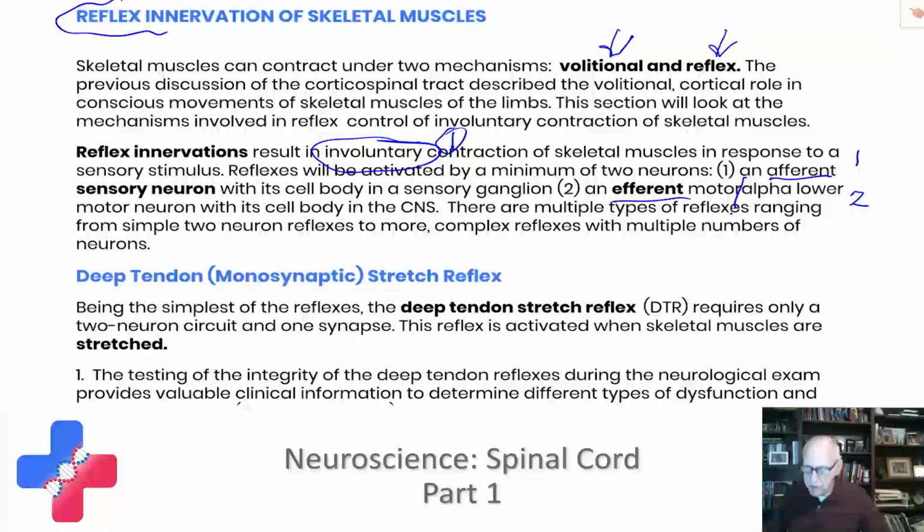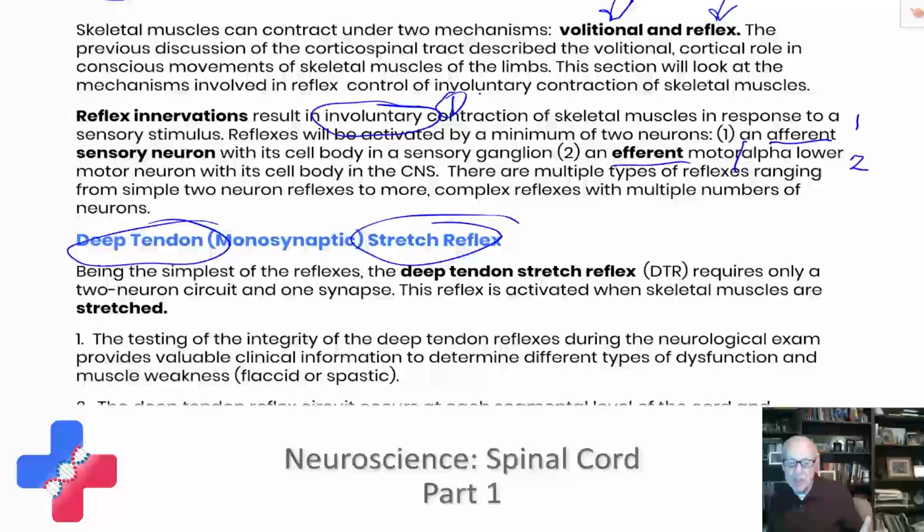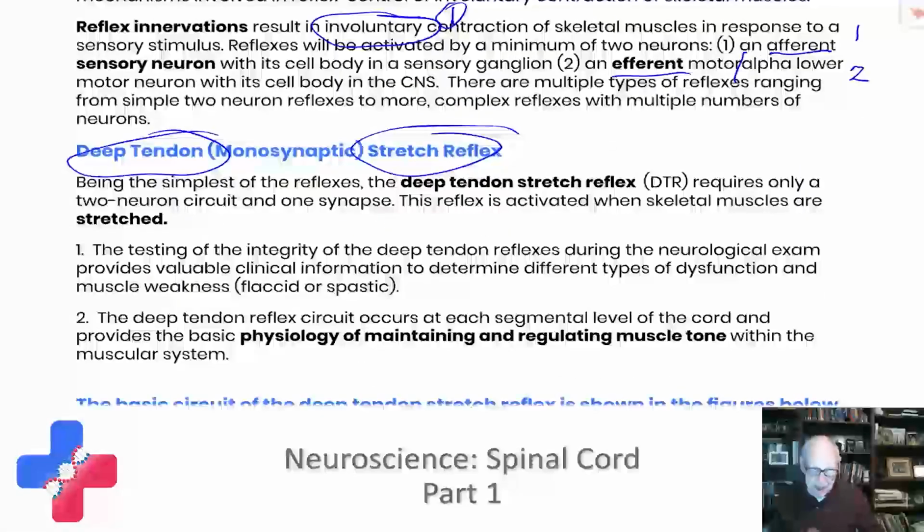Now, you probably remember there are half a dozen types of reflexes. But in terms of clinical neurology, the reflex system that you need to have some information about is this classic one, the deep tendon, or sometimes referred to as the stretch reflex. This is the simplest of all the others, and it's the one you need to understand.